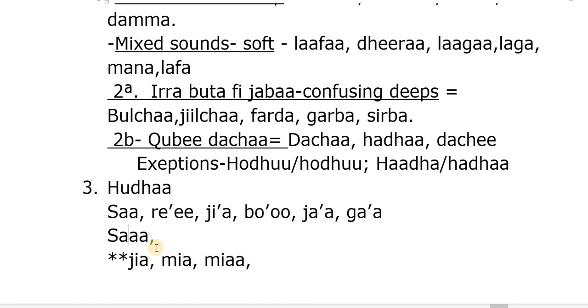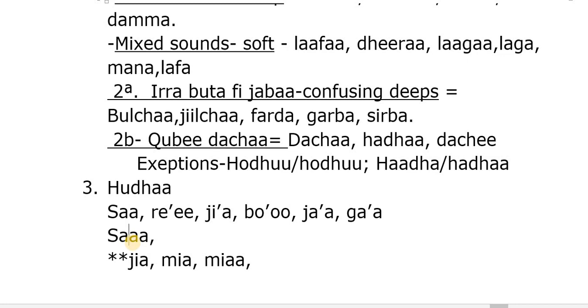By the way, I forgot one rule. I just said we don't have three vowels following each other without any huda, like apostrophe. If we don't have apostrophe, we don't have three vowels following each other in Oromo, unless maybe you are chatting and you're saying it informally. It's just informal written language, like in English.